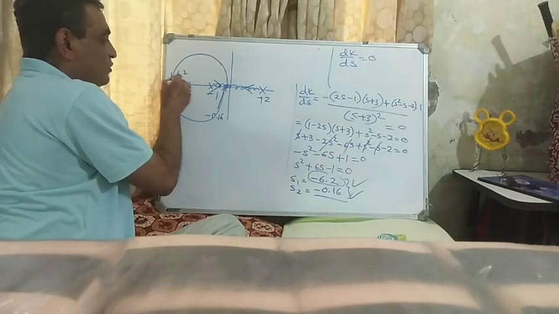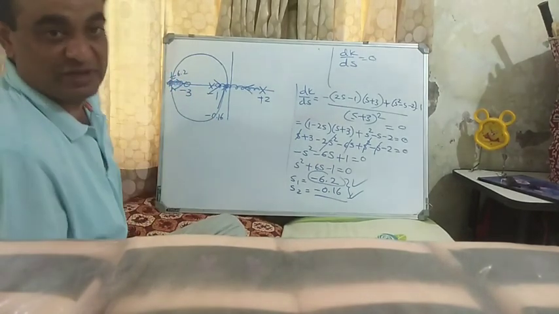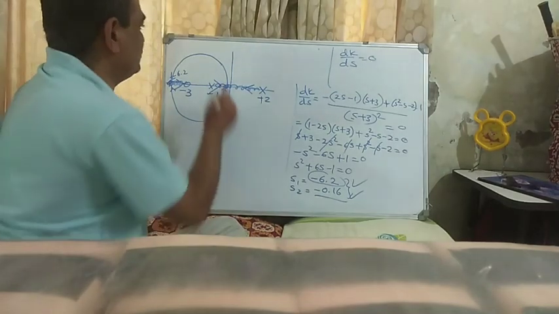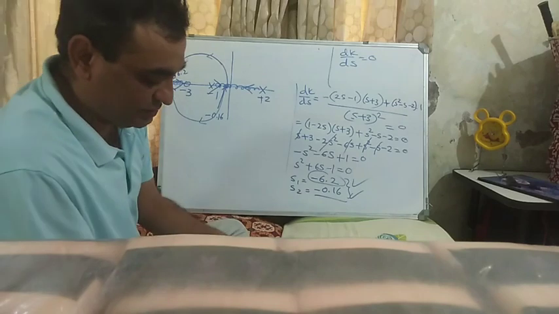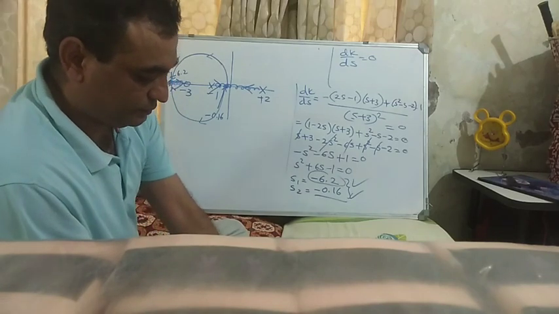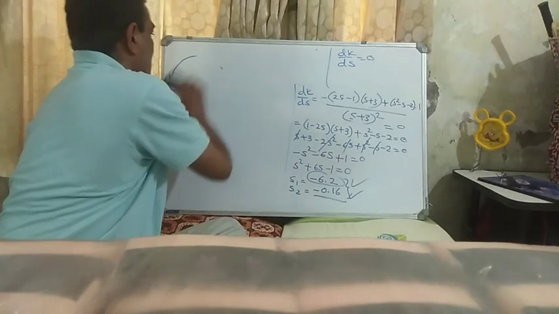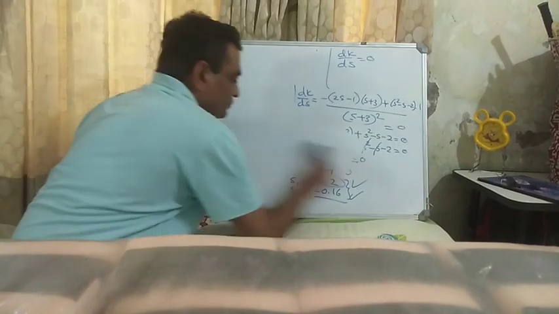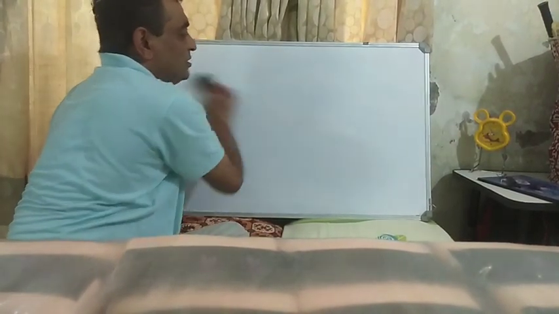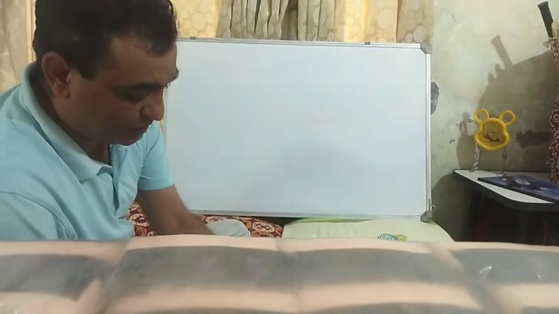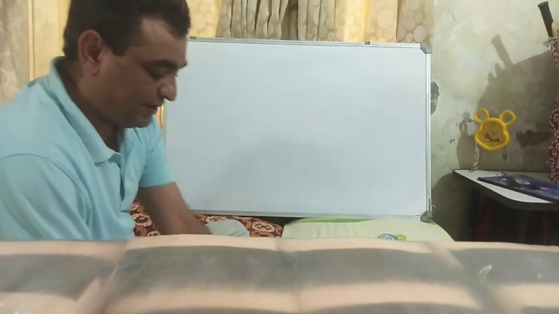One branch will go towards this, another branch will go towards infinity. So this would probably be the shape of the root locus. So we have calculated the breakaway points. There are 2 breakaway points, and we have identified that.